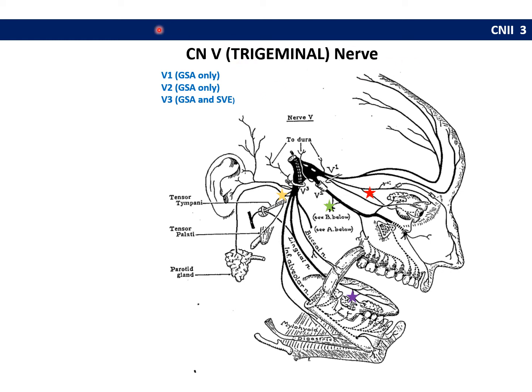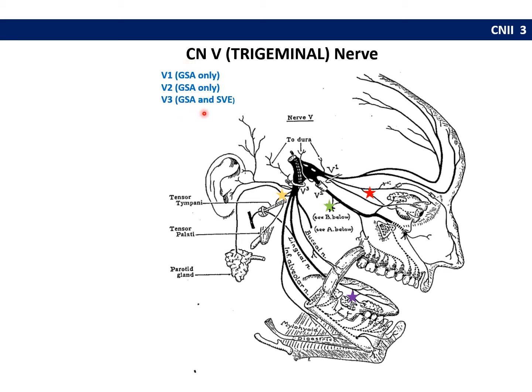Next on our list is the trigeminal nerve, cranial nerve 5. Remember that it has 3 portions. It has V1, V2, and V3, so the ophthalmic, maxillary, and mandibular divisions of the trigeminal nerve. All 3 divisions are sensory, and they have, therefore, some GSA fibers that are responsible for that sensory innervation.